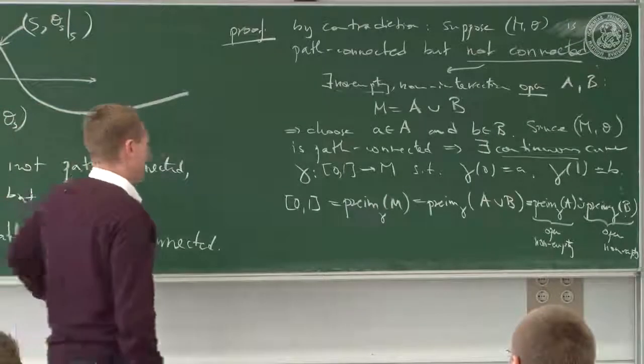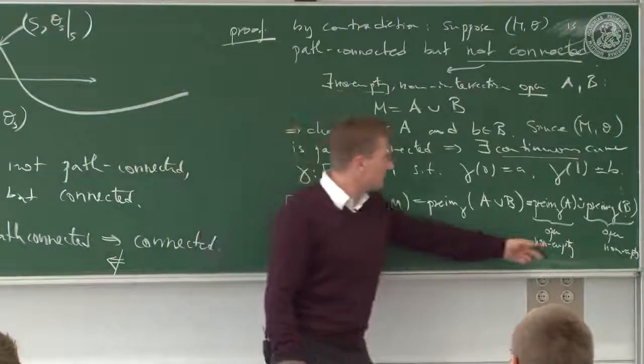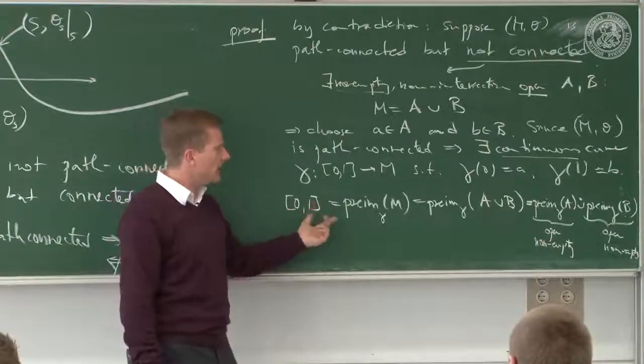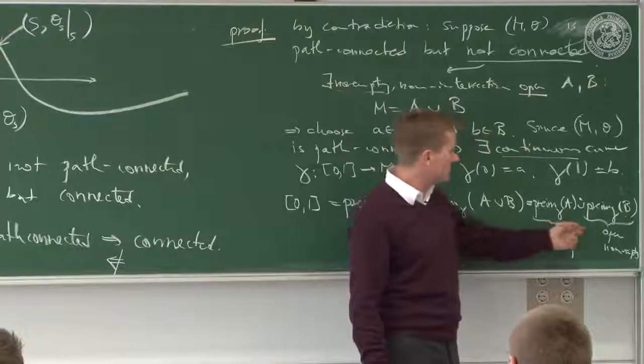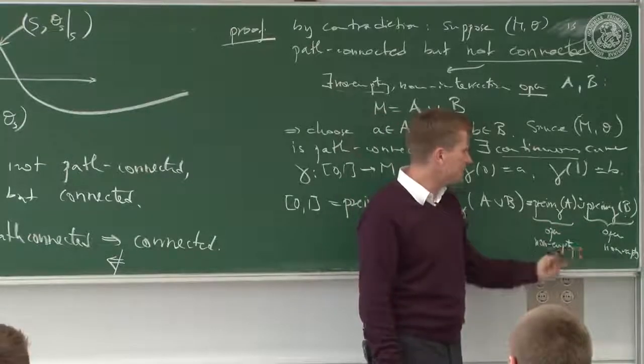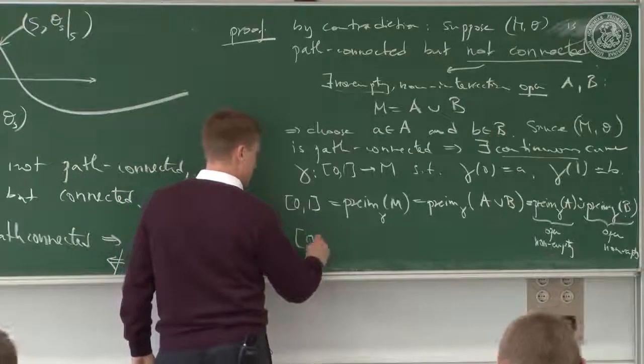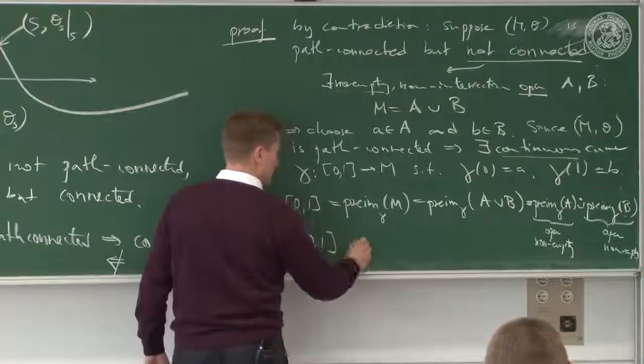Yes, everything is fine. So that means we have the interval from 0 to 1, and we decomposed it into two open, non-empty, non-intersecting sets. That implies that the interval 0, 1 is not connected.